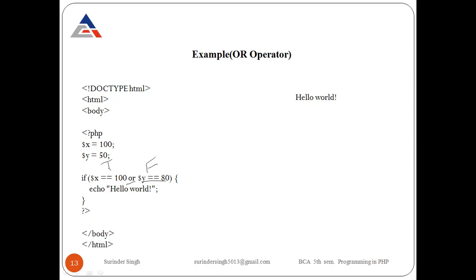So true or false, we need only one value true for getting result true. So the if will be true and it executes this statement, echo hello world. Clear? Here you can see the output.